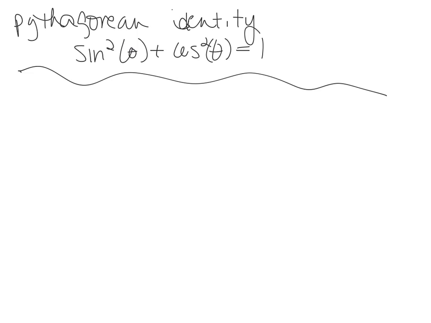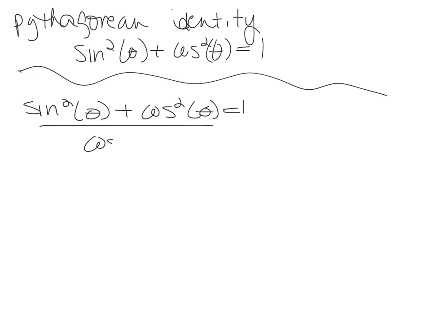Now we're going to do another one. So let's take the Pythagorean identity and divide both sides by cosine squared theta. So I have sine squared theta plus cosine squared theta equals 1. I'm going to divide this side by cosine squared theta and this side by cosine squared theta.